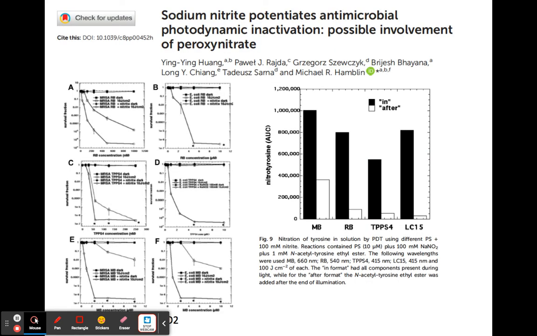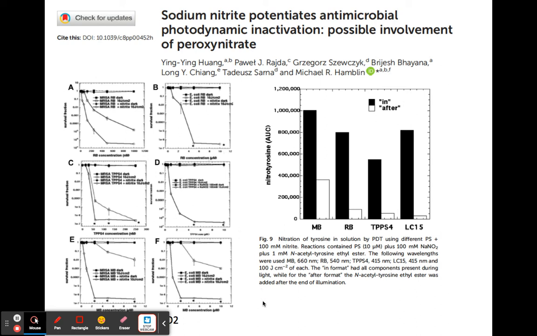So finally, to look at sodium nitrite, again, a simple, harmless salt, and again, it can potentiate aPDI. It's a bit small to see these graphs, but when you add the nitrite and the light, you get extra killing, in some cases a lot of extra killing.